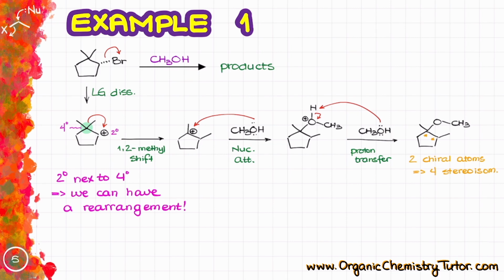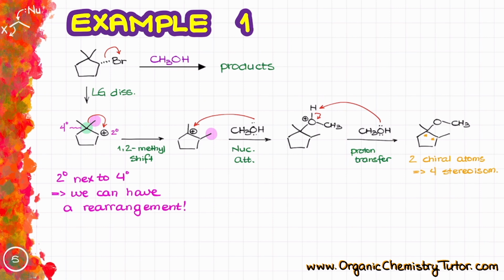In the course of this shift, we'll move the methyl group to an adjacent atom and make a new carbocation. So in other words, this methyl group over here migrated and is now right over here. The place where it used to be is now going to be a carbocation because we moved the methyl group with all of its electrons.